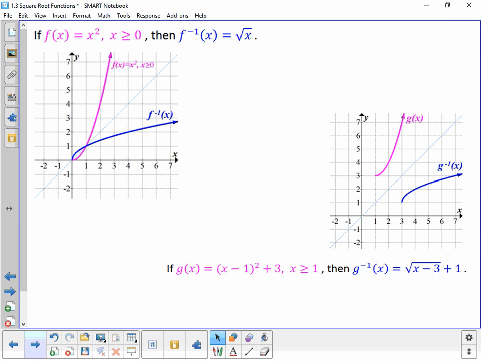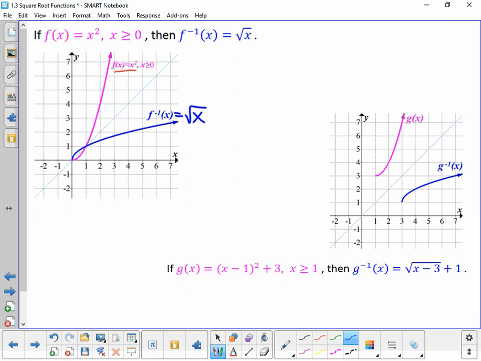This is just showing you what those functions and the inverses that we just found look like. Here is our original function x squared. It shows half of the parabola because of the domain restriction. The inverse of that, which on the graph looks like a reflection, is the function square root of x.